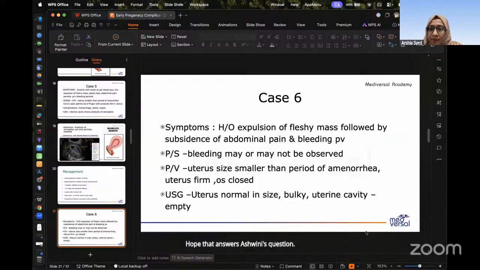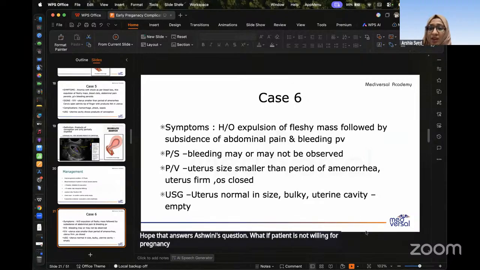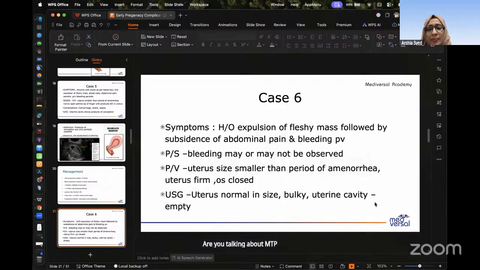What if the patient is not willing to continue the pregnancy and is early pregnant? The question is not clear. Are you talking about MTP? If you're referring to MTP, Khairunisa, it is when the patient has the wish to discontinue pregnancy.